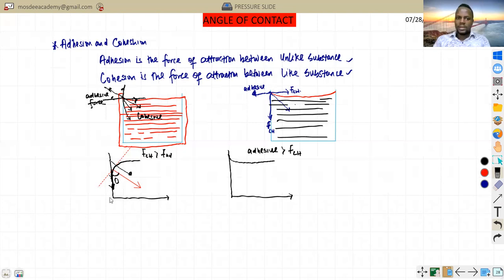As you can see, this theta here, my dear student, is called the angle of contact. And in this case, you don't need to be told that this angle is greater than 90 degrees. So in this case, theta is greater than 90 degrees.